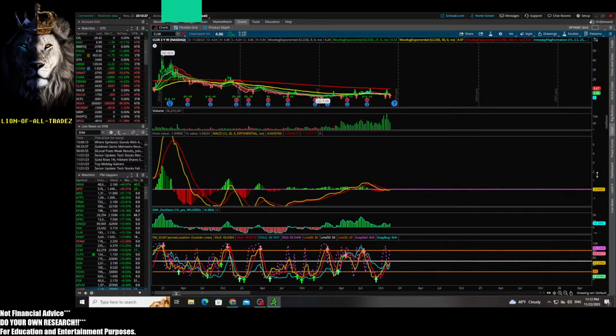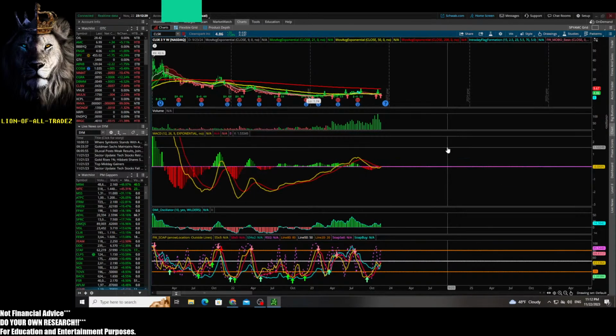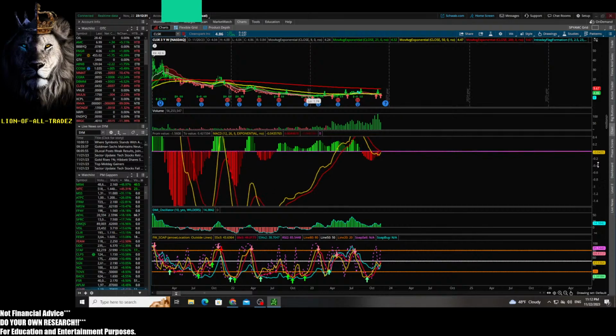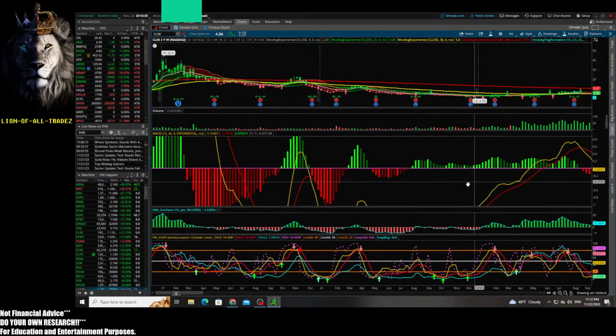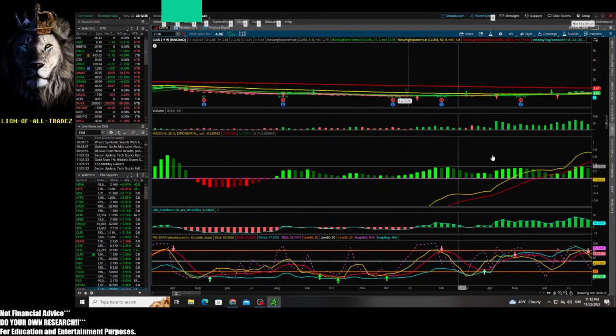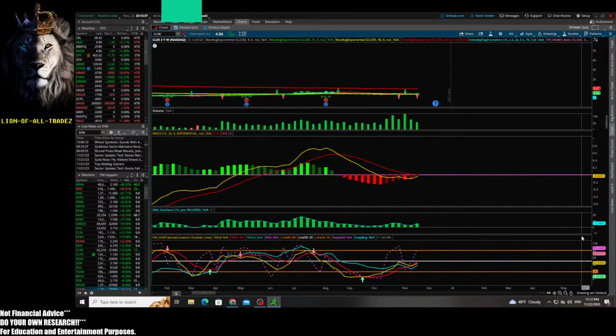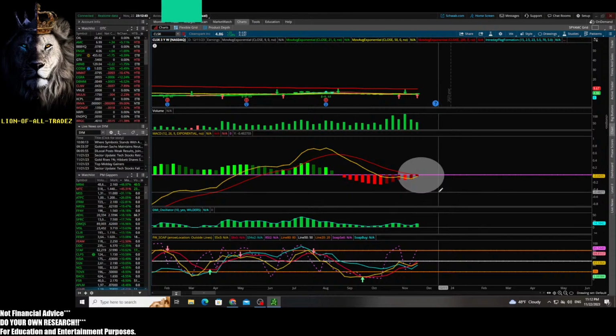Look at that. Even on the MACD here on the weekly chart, we're at a point that it could cross and turn bullish. Right here. CLSK, I could have sworn he mentioned it too, but I don't know.